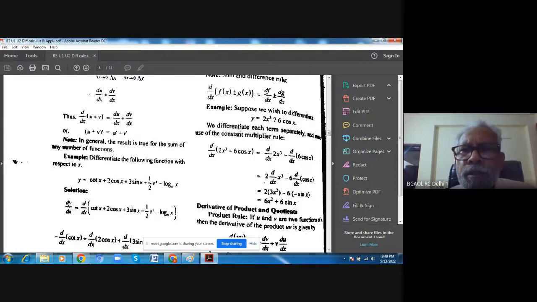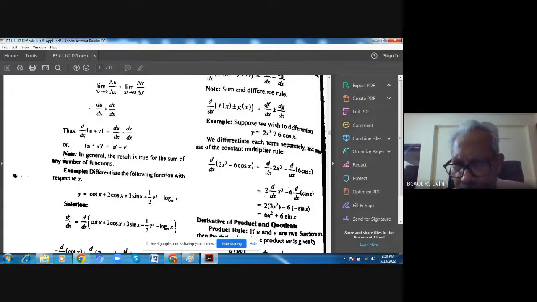So we differentiate each term separately, using the constant multiplier rule. So dy dx as usual, we are taking the complete function. Then dy dx of 2 into x cube, this part, minus again dy dx of 6 cos x, this is another part. Simply nothing else, you just have to bifurcate.